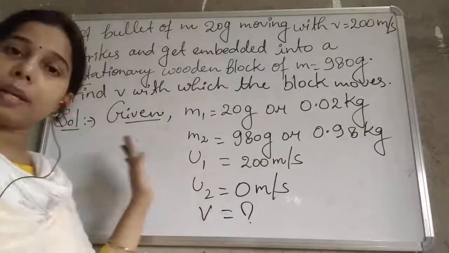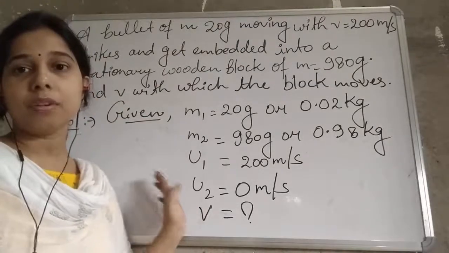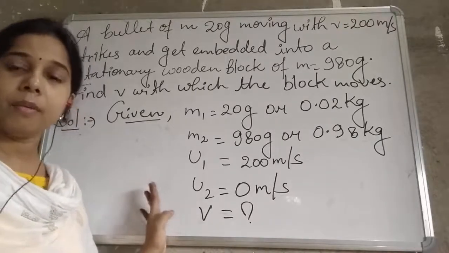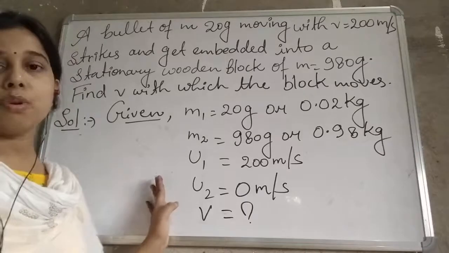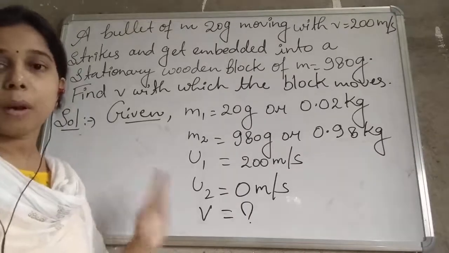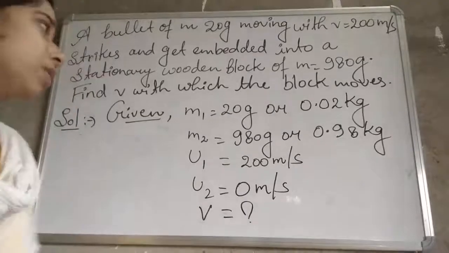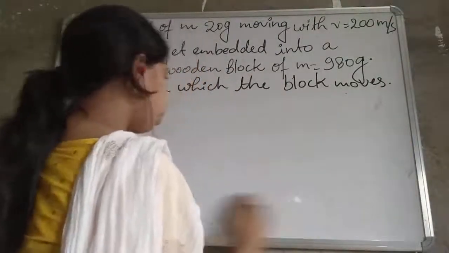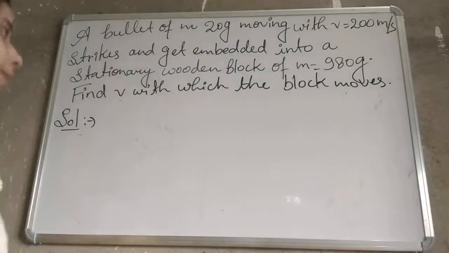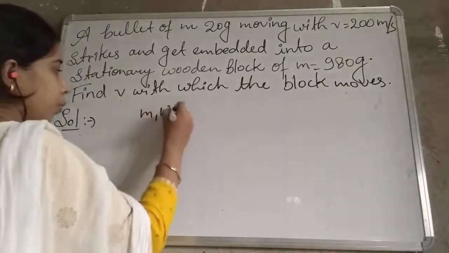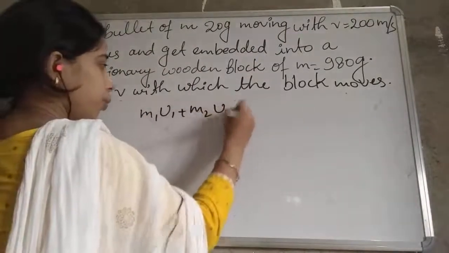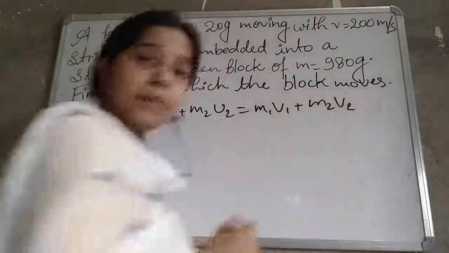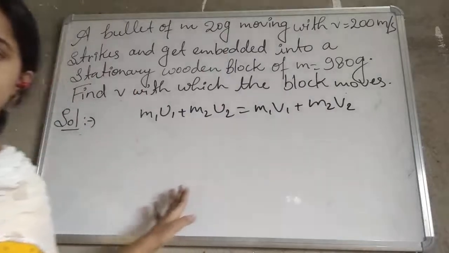So again, by using the law of conservation of momentum, that is m1 u1 plus m2 u2 is equal to m1 v1 plus m2 v2. This is the formula for the law of conservation of momentum.